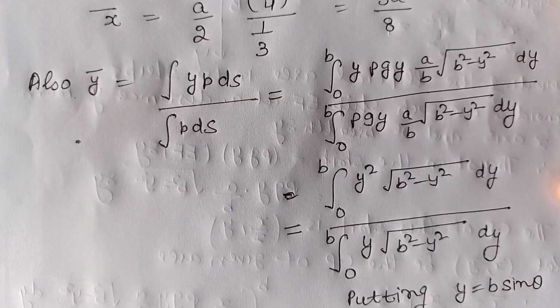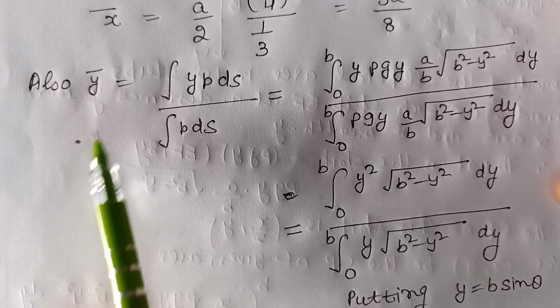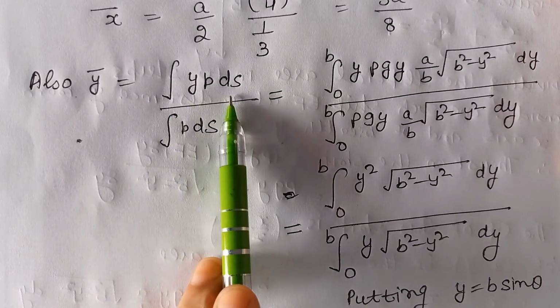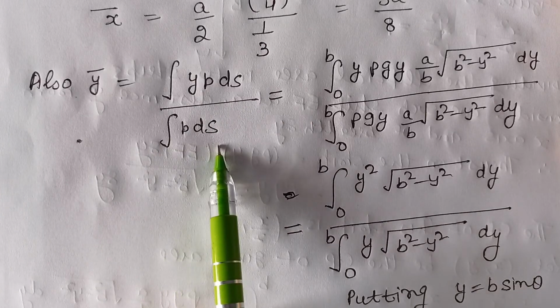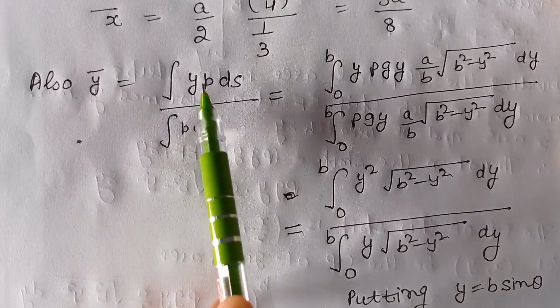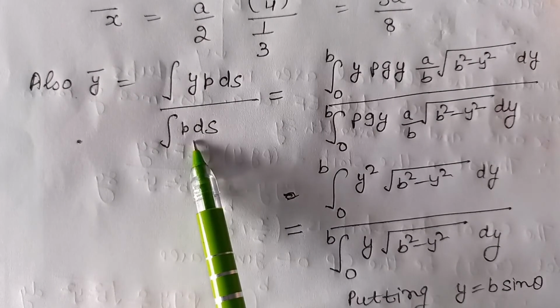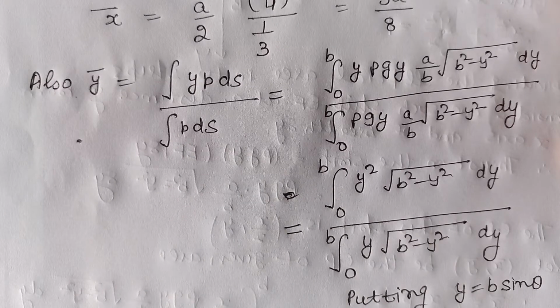Now to find the y coordinate of the center of pressure of the given area, by definition it is given by y bar equal to integral p y ds upon integral p ds. Now putting the value of p ds in the numerator as well as the denominator, the limits of integration in both integrals are from 0 to b.